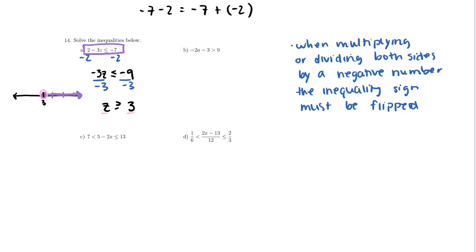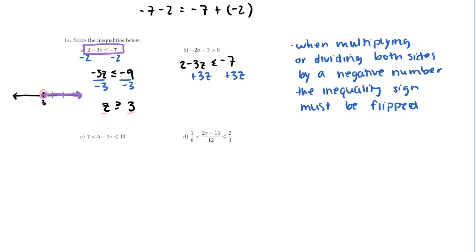Let me do this another way just to show you that there are multiple ways to do this, and they really amount to the same result. So, one thing I can do is I might notice that there's this minus 3z here, and I'm not so happy with it being minus 3z. One thing we can do to make that a little bit friendlier is we can add 3z to both sides so that it's no longer minus 3z, right?